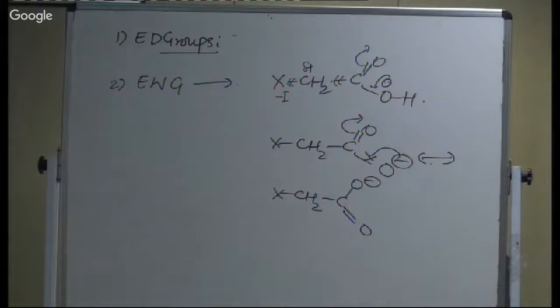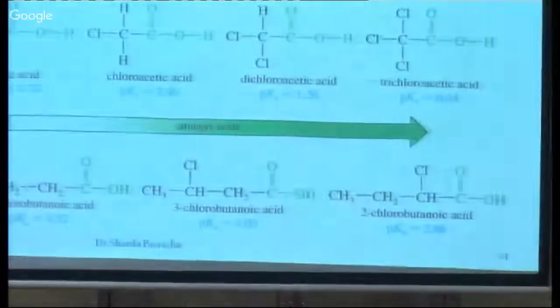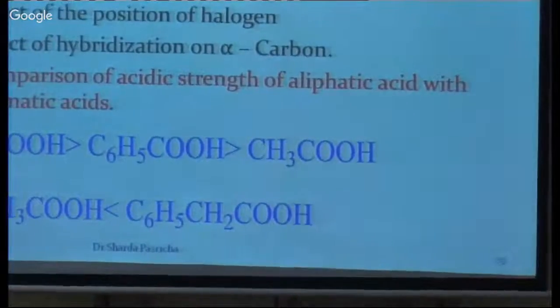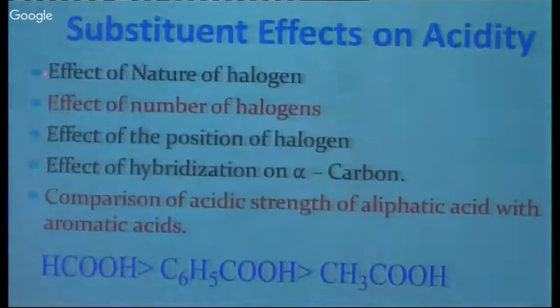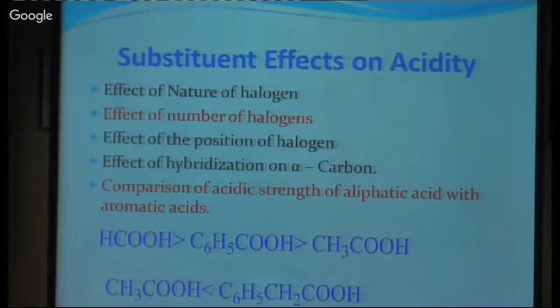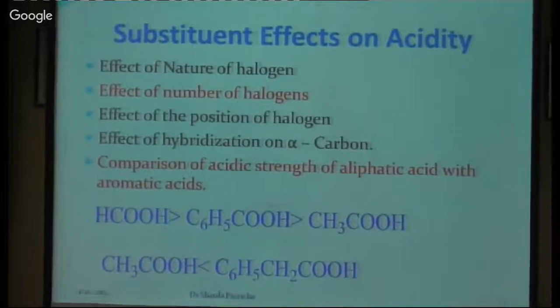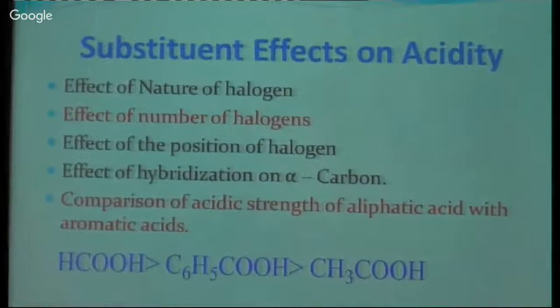Okay. Now, when considering the electron withdrawing group, we'll come back to this slide later. There are a few things that you have to understand. The first thing that you have to consider is the nature of the halogen or the nature of the electron withdrawing group. A stronger electron withdrawing group will increase the acidic character more than a weaker electron withdrawing group. Let's go back to this slide here.